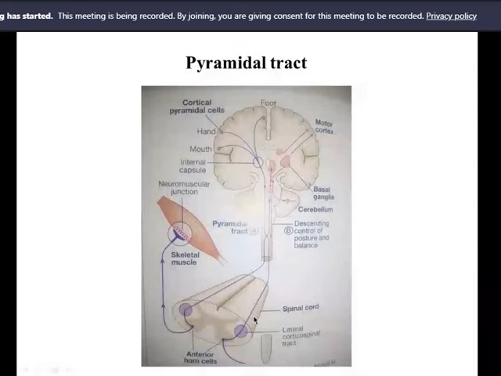After that the lower motor neuron comes out from the ventral horn of the spinal cord, innervating either a gland or a muscle. If it is a gland, the gland will secrete. If it is a muscle, the muscle will contract. Up to this clear?